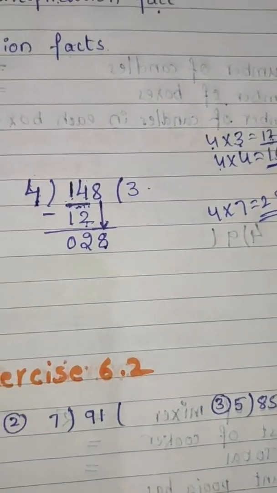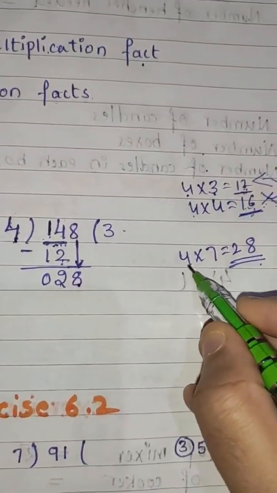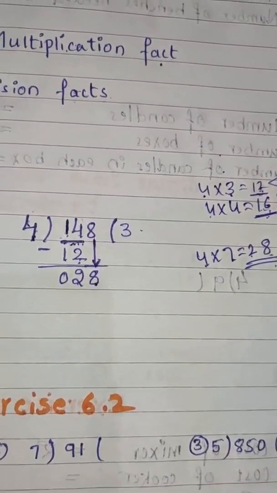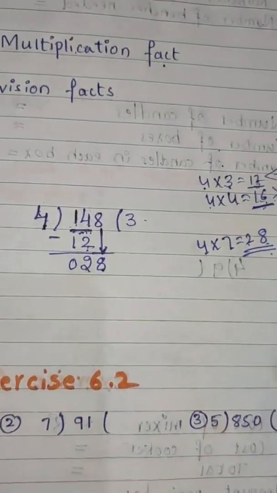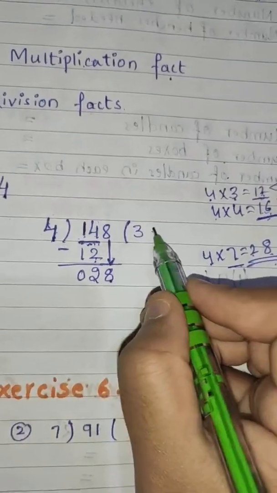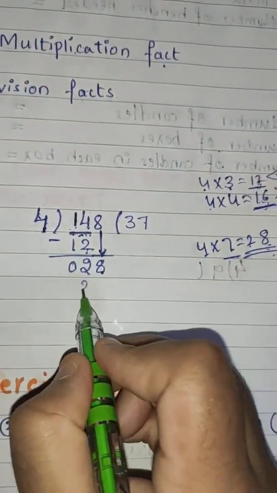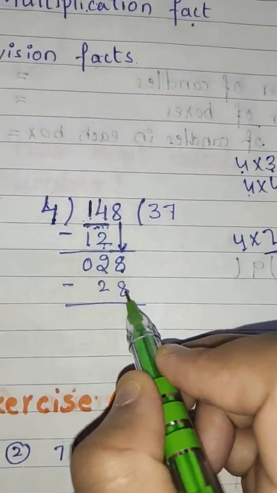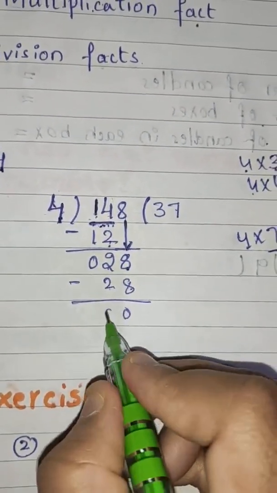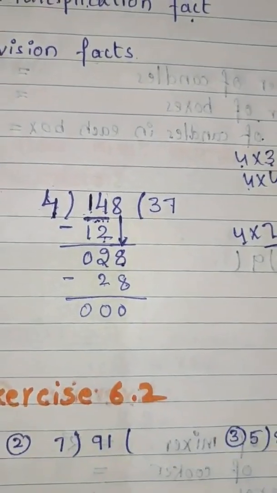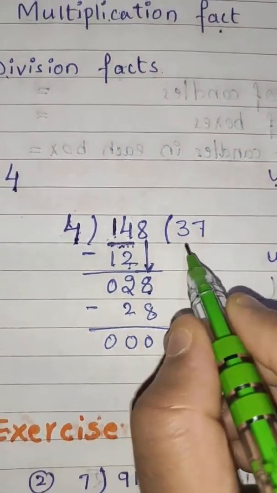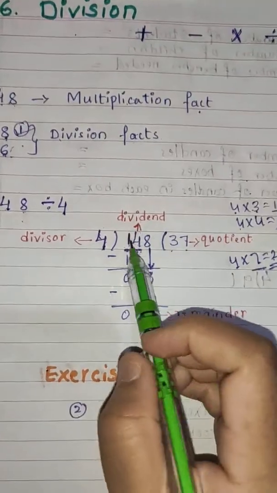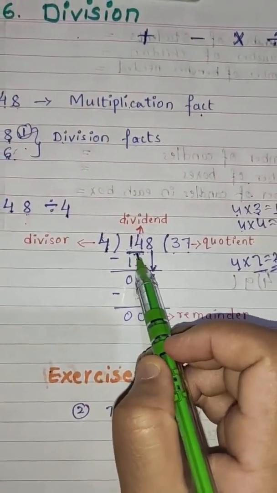So we multiplied 4 seven times to get the 28. So how many times? It is 7 times. Let's subtract it. 8 minus 8, 0. 2 minus 2, 0. Understood? So what is the answer here? 37.